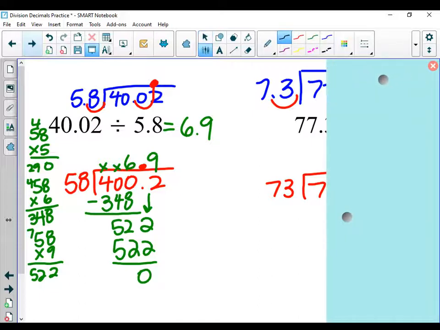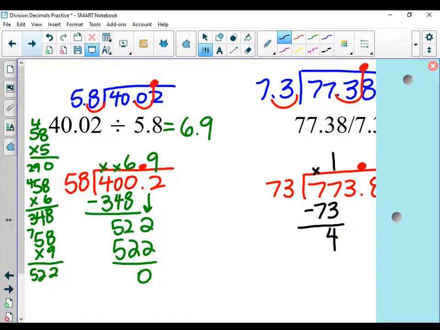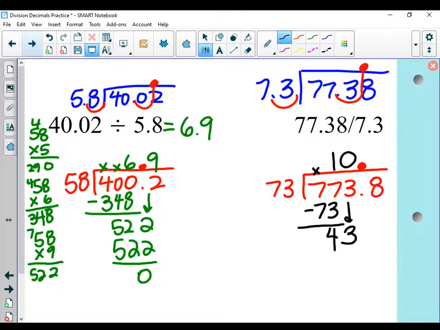Work my way across the problem. 73 into 7, no. 73 into 77, yes. Ooh, interesting. 73 does not fit into, sorry, I goofed that one up. 43, no. I had to put a 0 on top before I can bring down the 8.